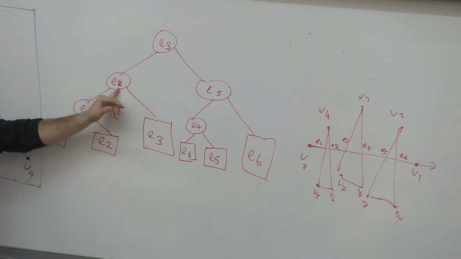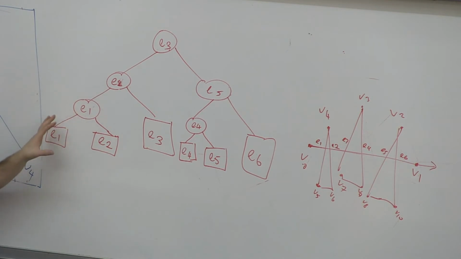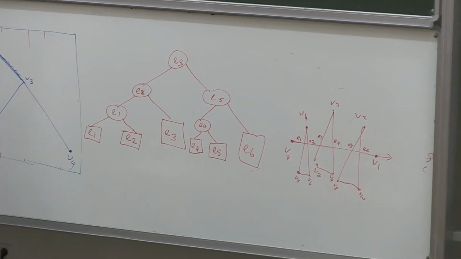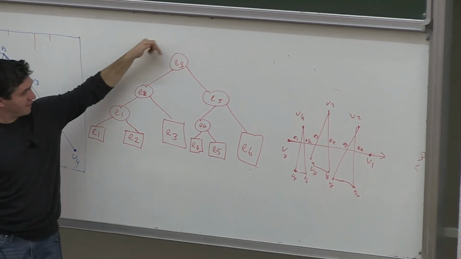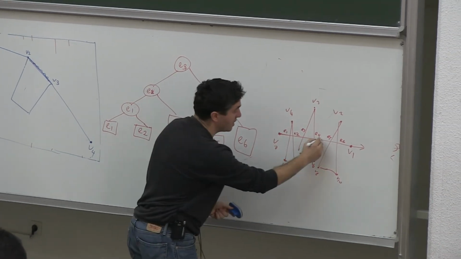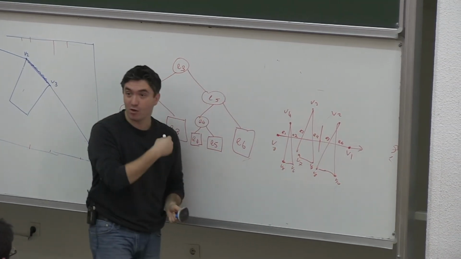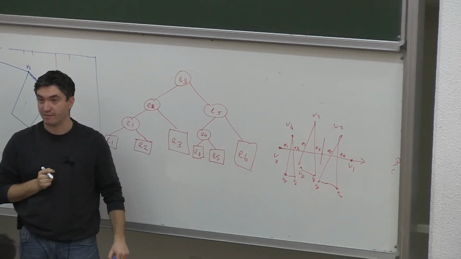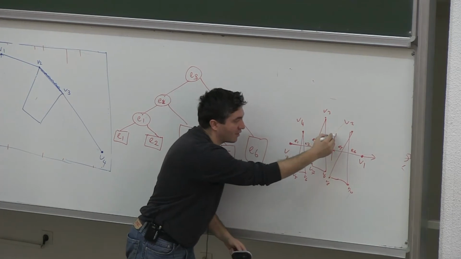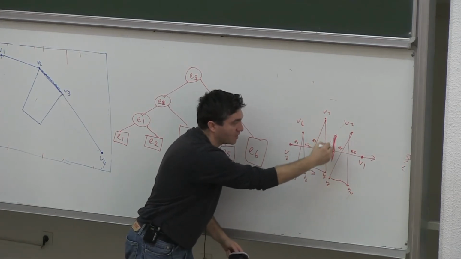If it is equal to or closer than E2, we continue our search in the left subtree. So all the edges are on the leaves. When we compare, it may be a point or it may be another edge along this line, and we want to search where we are going to put this new obstacle edge.